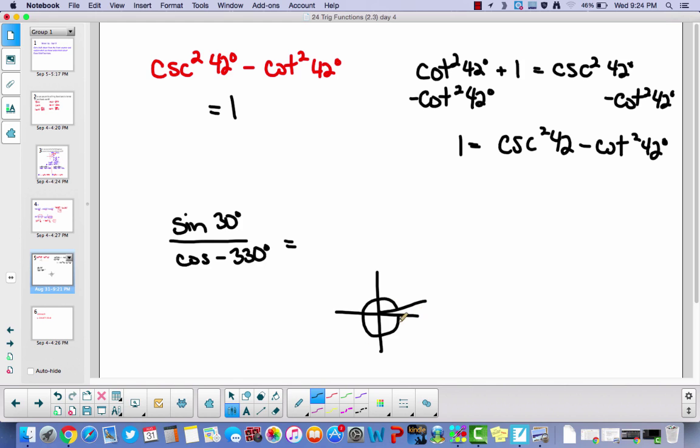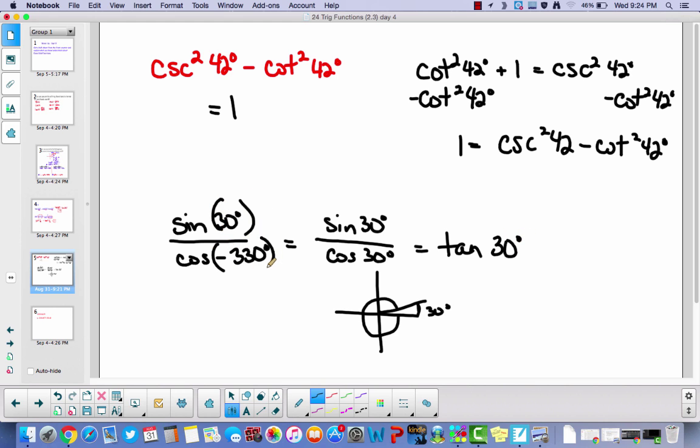There is negative 330 degrees, but that gives me a 30-degree reference angle. So I have the sine of 30 degrees over the cosine of 30 degrees, and that is equal to the tangent of 30 degrees. So if they are not the same angle, we have to manipulate or rewrite them in some way so that they are the same angle if we can.